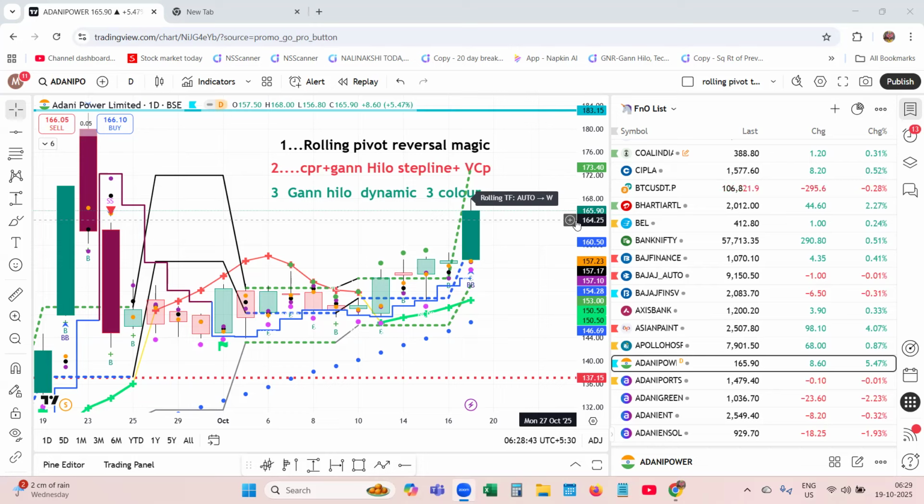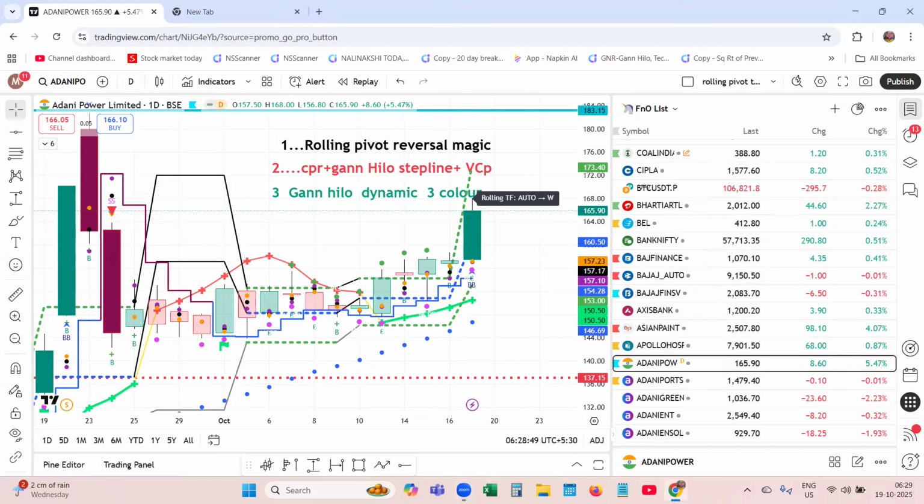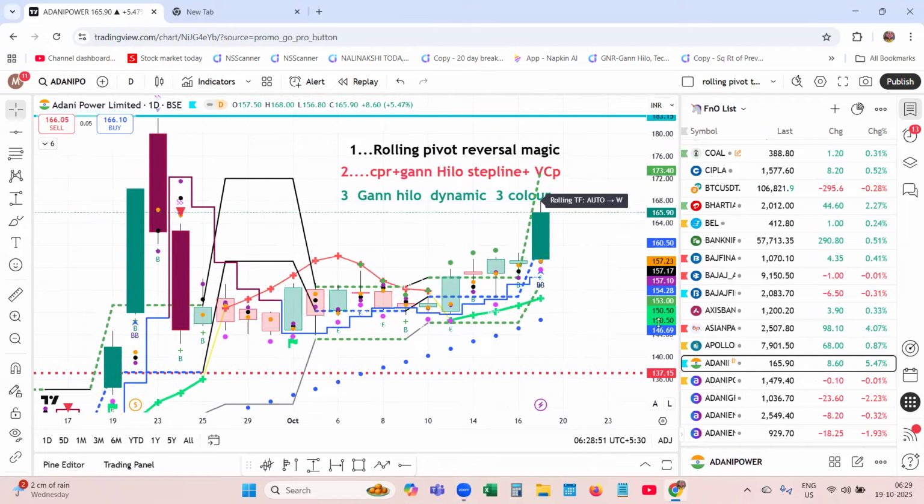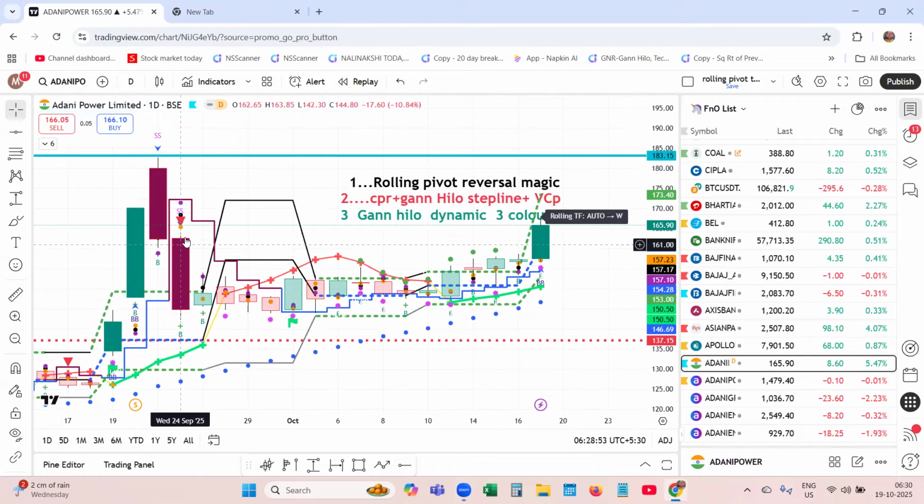I've taken the example of Adani Power. Even in the consolidation period, you can guess where to enter into the market.